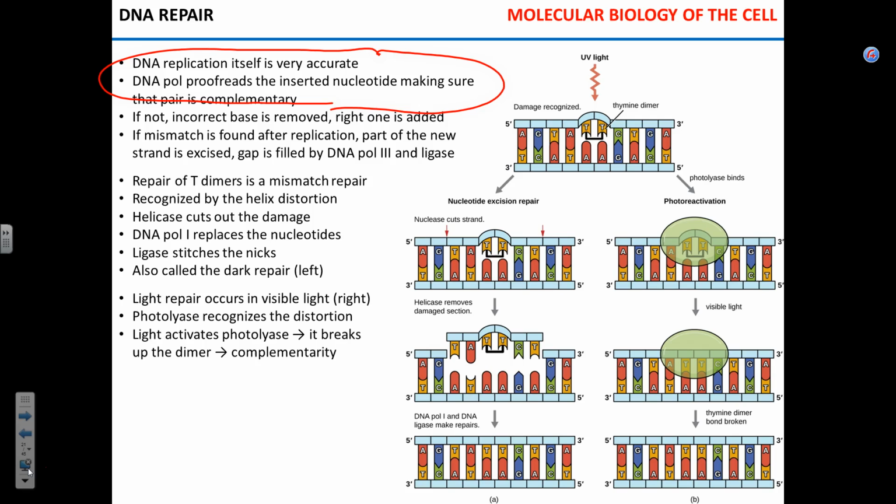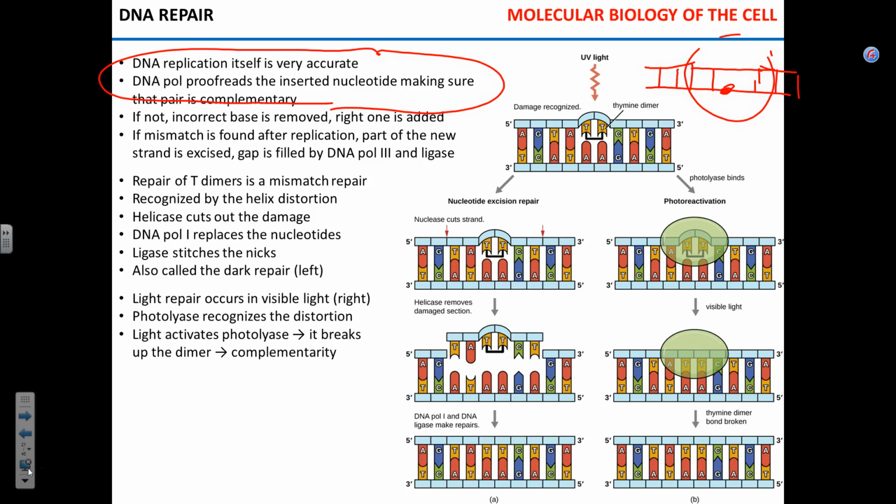Again, if you think about the double strand, you have complementary pairs, and if this is not complementary, you have a distortion in a double helix. That distortion in the double helix will be recognized. The fragment here will be excised, and DNA polymerase 3, the same enzyme that made the new strand in the first place, will build the correct one. Okay.